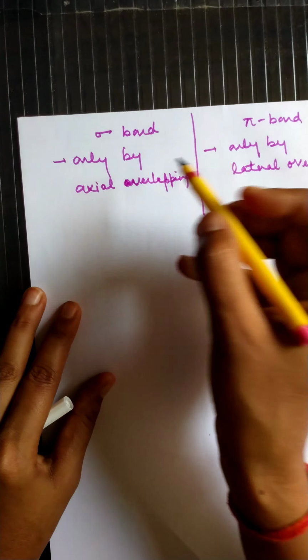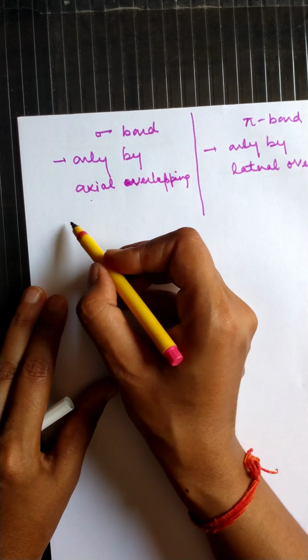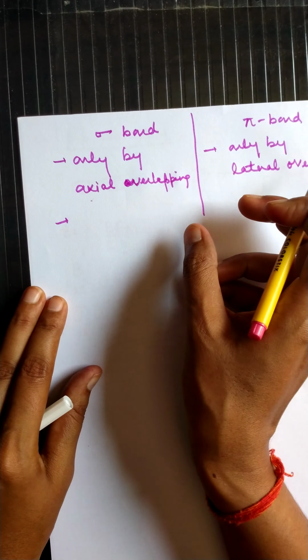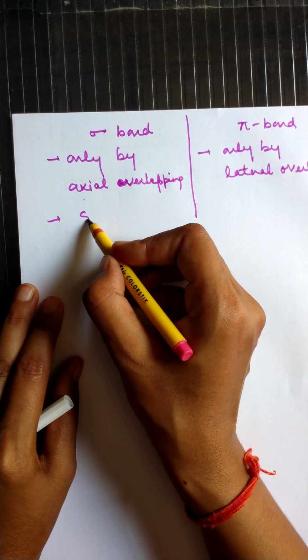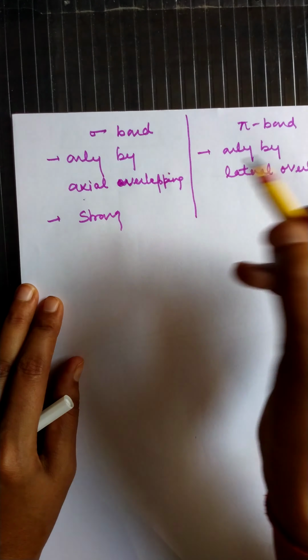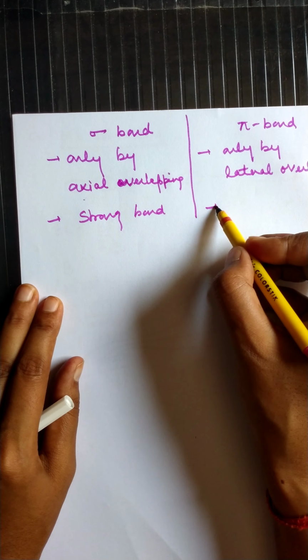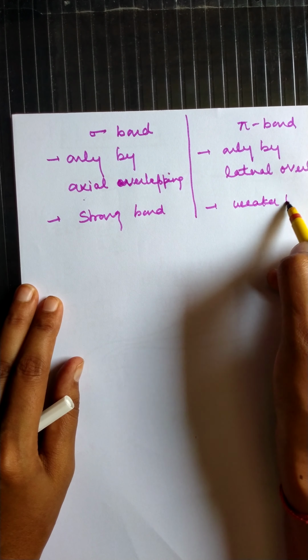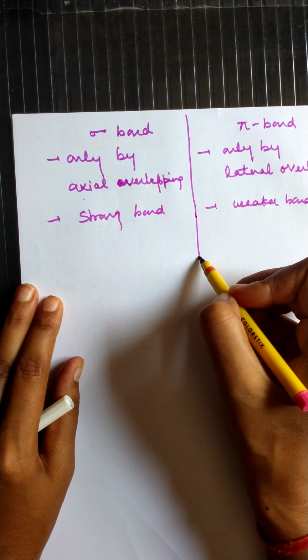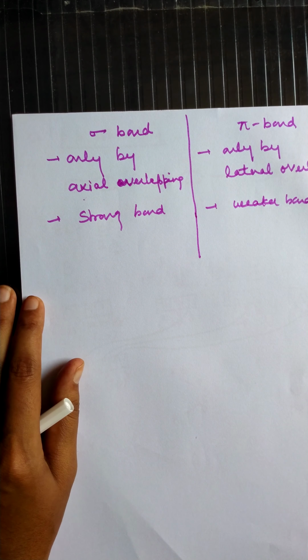Axial, head-on overlapping is more as compared to lateral overlapping. That's why it is comparatively a strong bond and the pi bond is comparatively a weaker bond. Pi bond is a weak bond and the sigma bond is a strong bond.